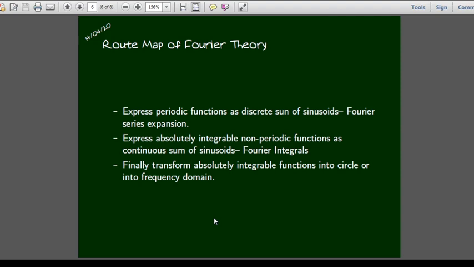That means we represent the time domain thing in the frequency domain. Instead of measuring things in the time domain, we are going to count the frequency. That idea is called the Fourier transform. So we gradually shift from the Fourier series to the Fourier integral and then to the Fourier transform.